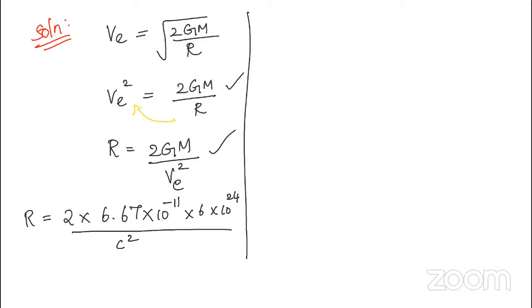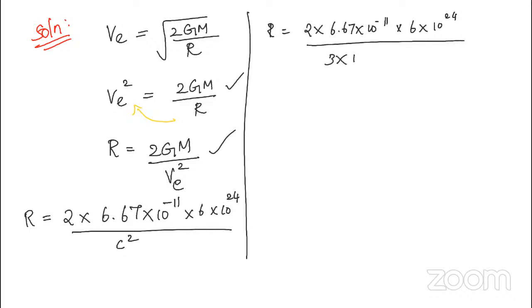So here the R value should be 2 into 6.67 into 10 power minus 11 into 6 into 10 power 24, divided by 3 into 10 power 8, and one more time 3 into 10 power 8.